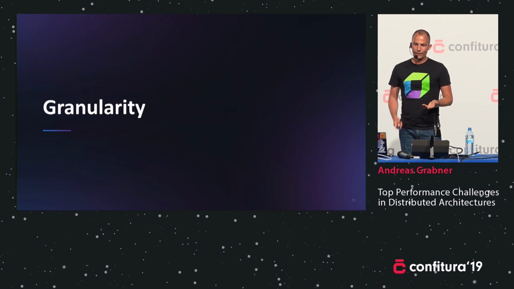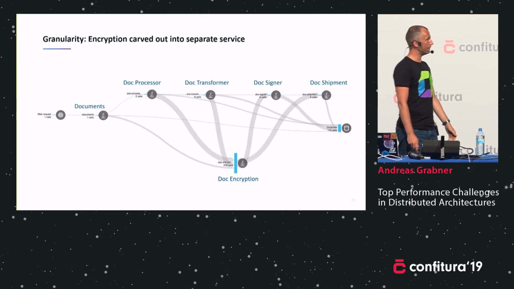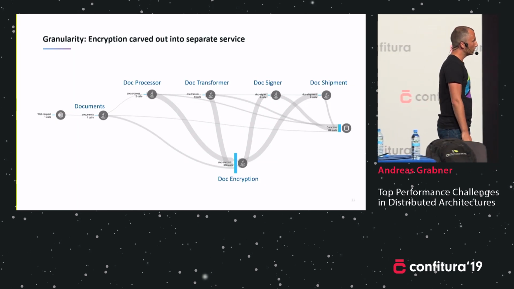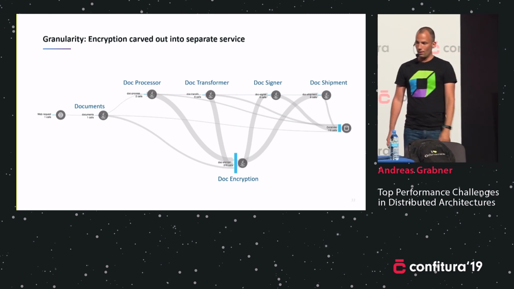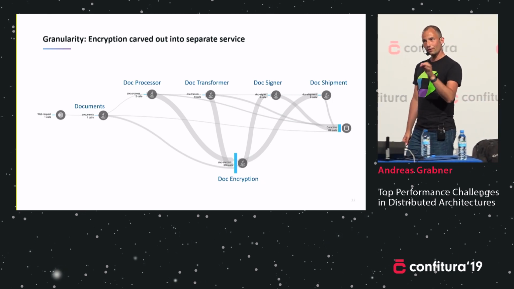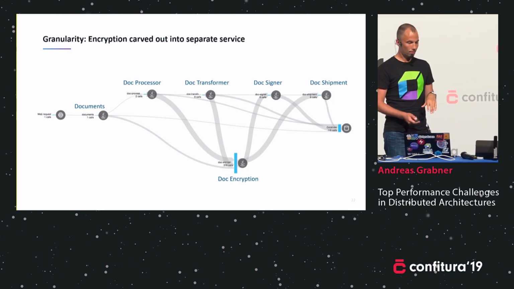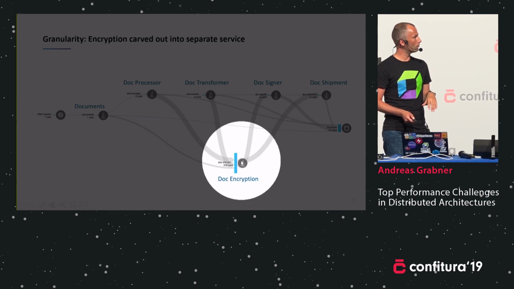Next thing, granularity. The same example from before. They then went a step, I think, too far ahead. So what you see here is another visualization of that flow. And they figured out that all of these 4 components needed this encryption module.